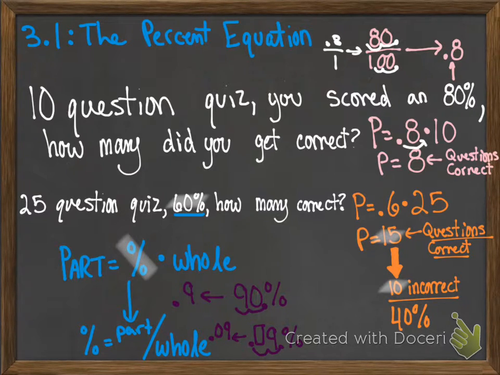You can use this to help you figure out missing parts. We're not diving that deep into 3.1, but just know that you have that tool available to you. You can take this 10 and the 25 total questions, and solve for the percentage of incorrect questions using the same equation that we've been using.